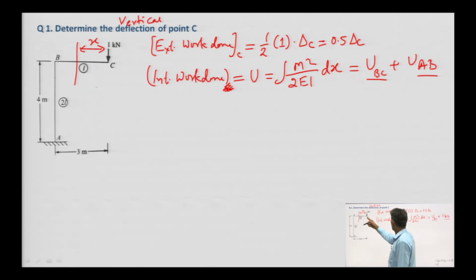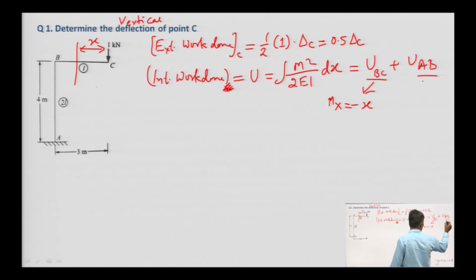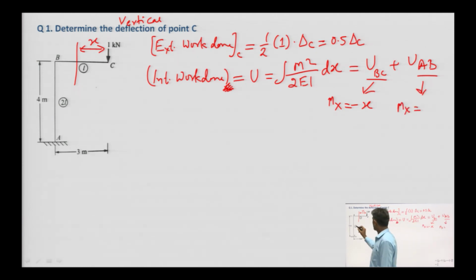What will be the bending moment for segment BC? For segment BC, the value of Mx is 1 into x, clockwise. If we take clockwise as minus, then it is minus x. And for AB, let us consider this section x.